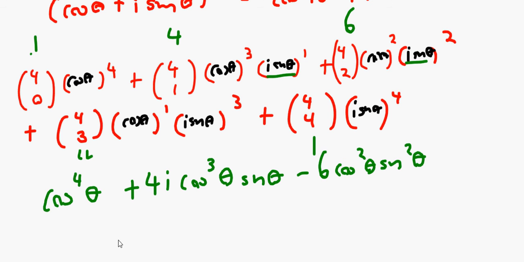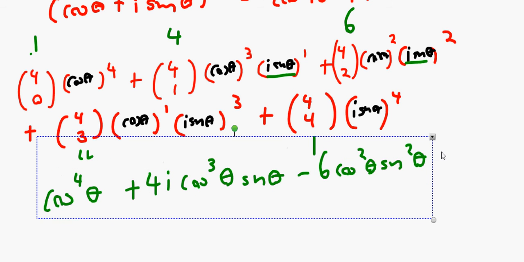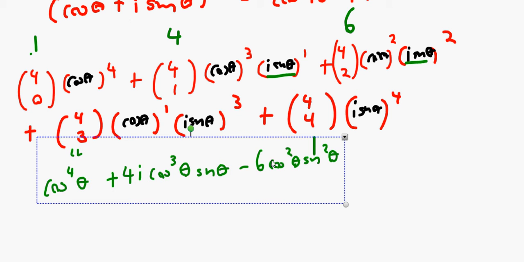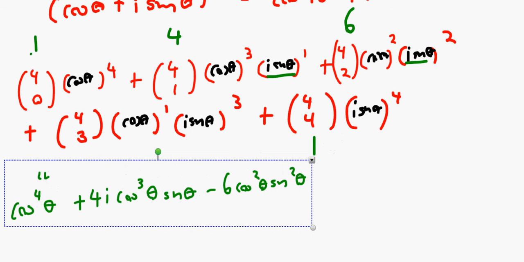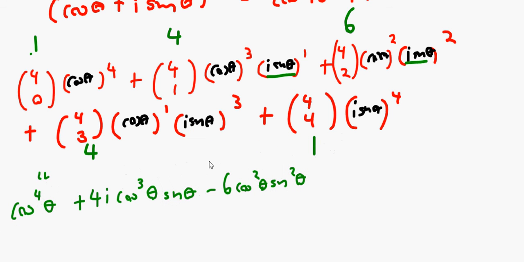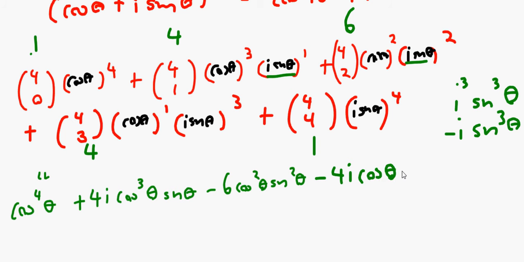Now what about the next one, lads? It's got to have an i in it, isn't it? And what's the number we're using? 4c3 is 4. Anybody tell me what's i cubed sine cubed theta? Minus i sine cubed theta. Okay? So this is going to be minus 4i cos theta sine cubed theta.